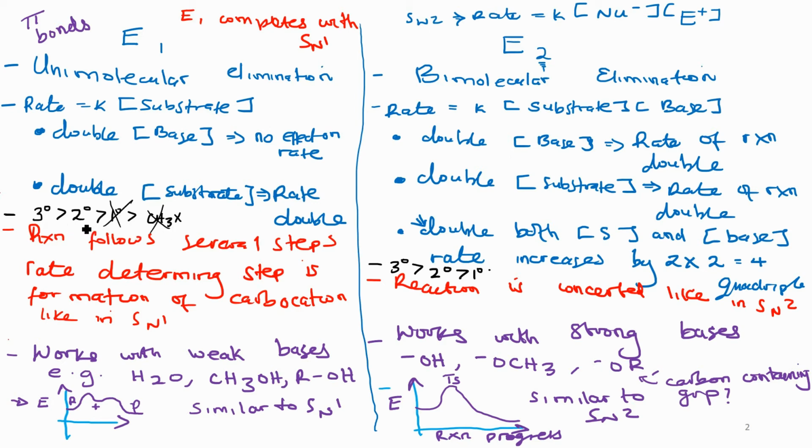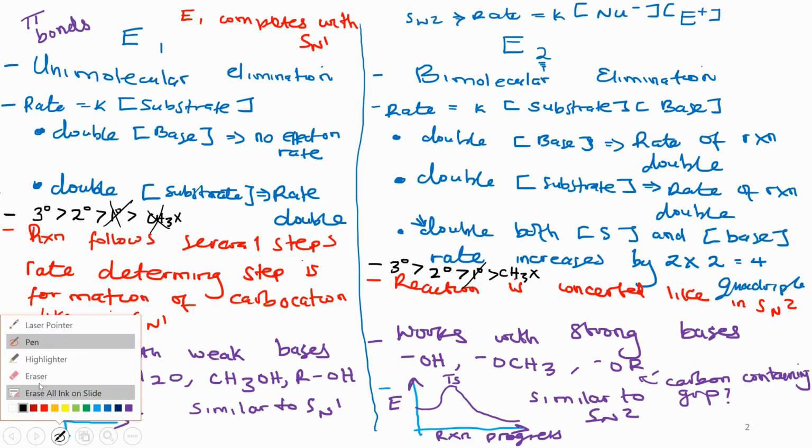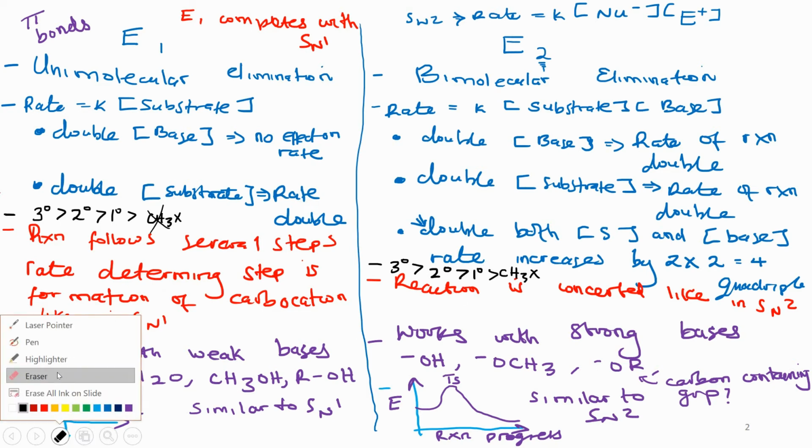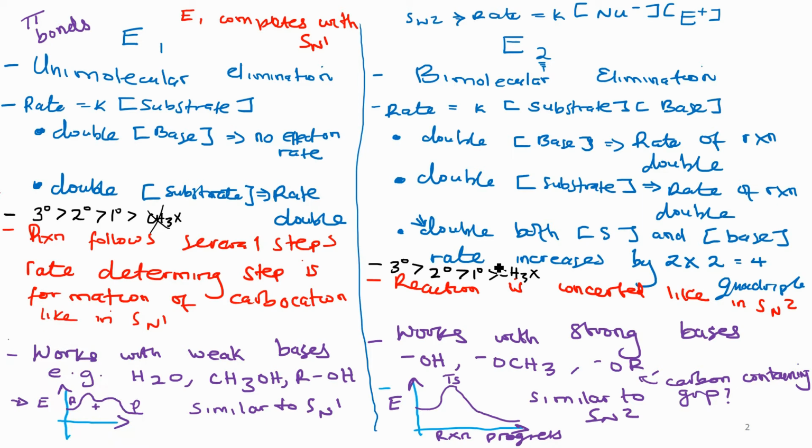You cannot have a double bond on 1 carbon, which is what we have on methyl X. Actually, primary might work, because primary could have 2 carbons or more. So only the methyl X will not work. So this is out and that's out.